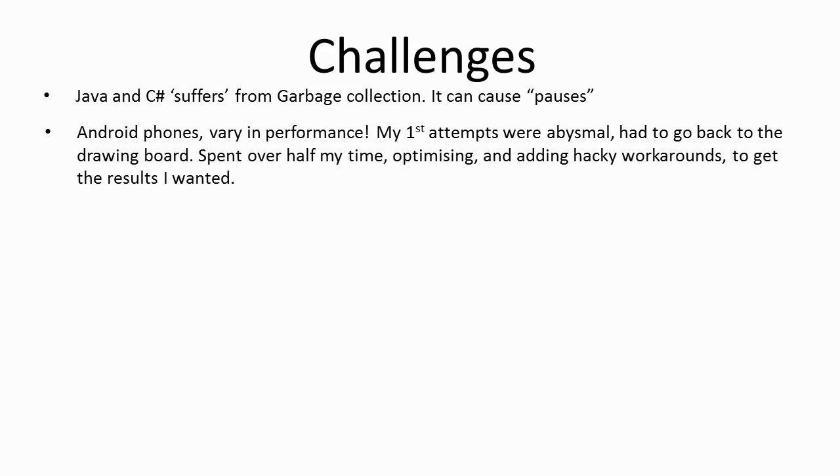And so my first attempts were very abysmal. So my main character had about 3,000 vertices, 70 bones, and my current Android phone could not handle it very well. So I had to simplify it.